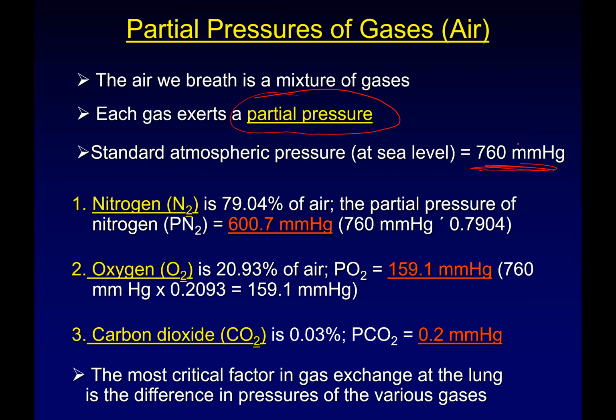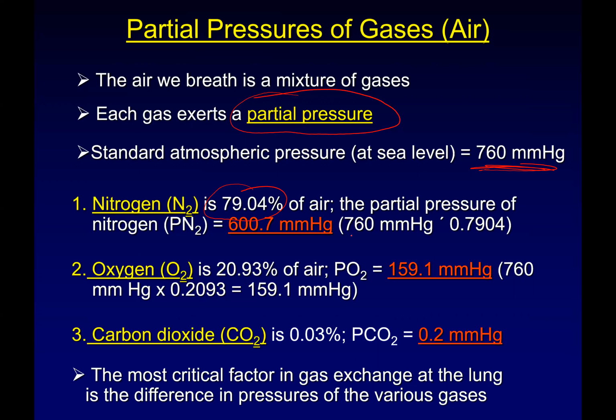Okay. If we want to calculate the partial pressure of any particular gas in the air, that partial pressure is going to be equal to the percentage of air that is made up of that gas multiplied by the atmospheric pressure. So if we assume that we're at sea level, nitrogen makes up 79.04%. So about 79% of air is nitrogen.